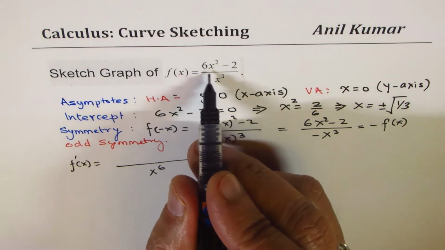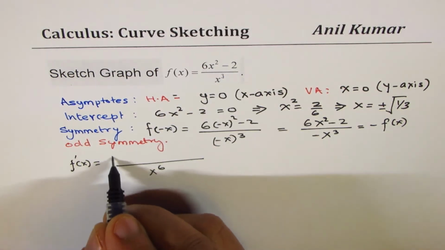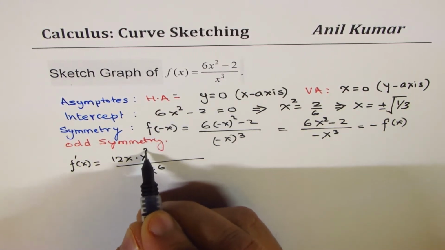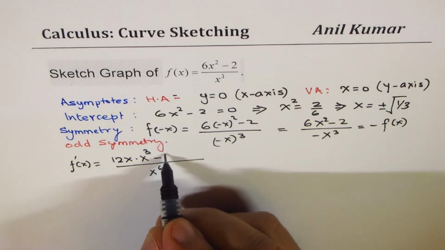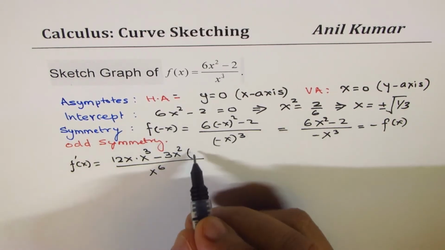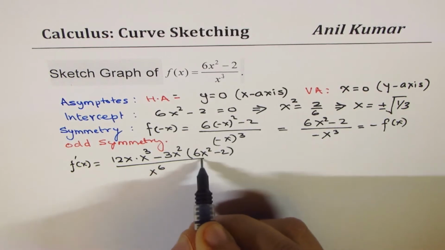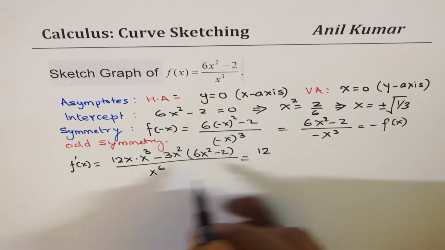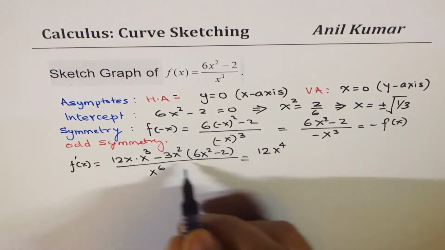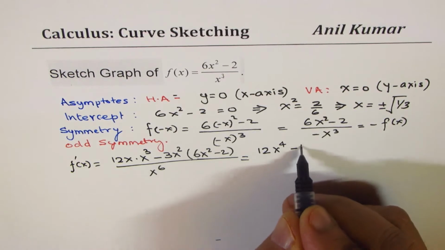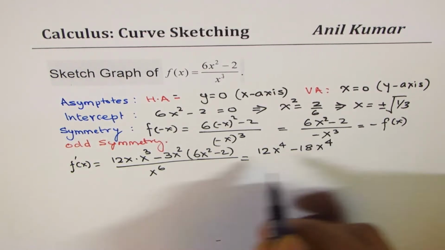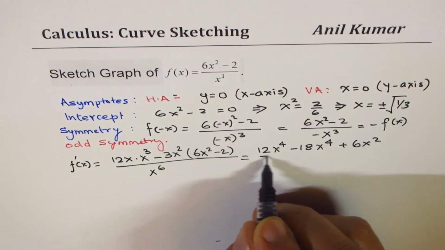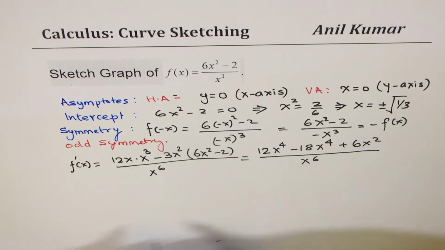In the numerator, the derivative of 6x² − 2 is 12x times x³, minus the derivative of x³, which is 3x² times (6x² − 2), right? Now this can be simplified. We have 12x⁴. Opening this up, we get −18x⁴, and 3 times 2 is 6. We get plus 6x² over x⁶.